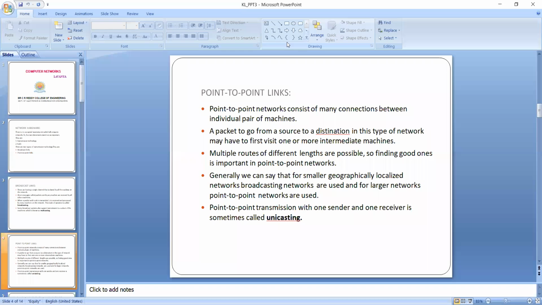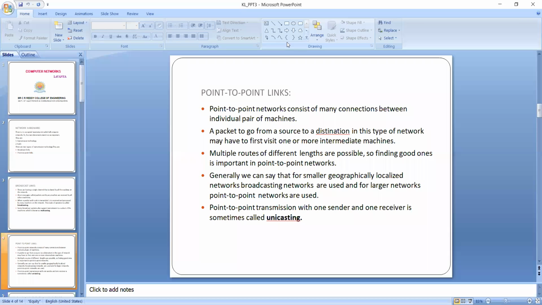So from these broadcast links and point-to-point links, you have to remember 3 main terms. First, a broadcast link consists of only one channel for communication, and the second thing, broadcasting. Broadcasting means if one machine sends a packet, and the address of the destination machine is in the form of a code, the receiving machines process that code. Again, multicasting.